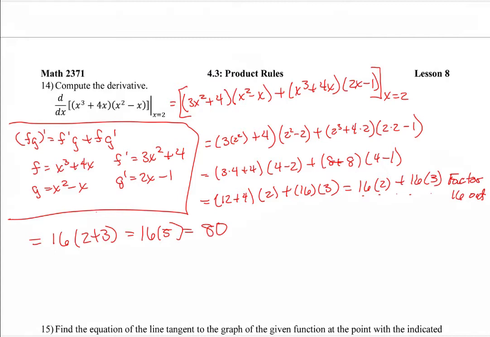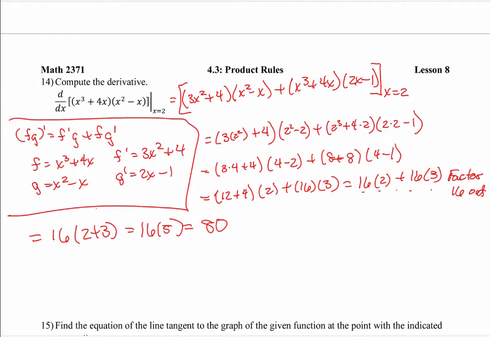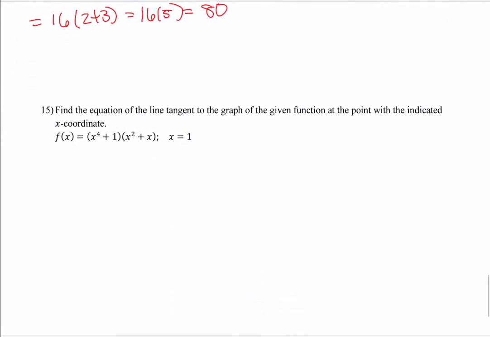Okay, so try to think of ways to do that, because you're going to be teaching math, or you're going to be using math, and so you want to make things simple for you, or easier for you. Okay? So that's how you would plug that in and evaluate that.